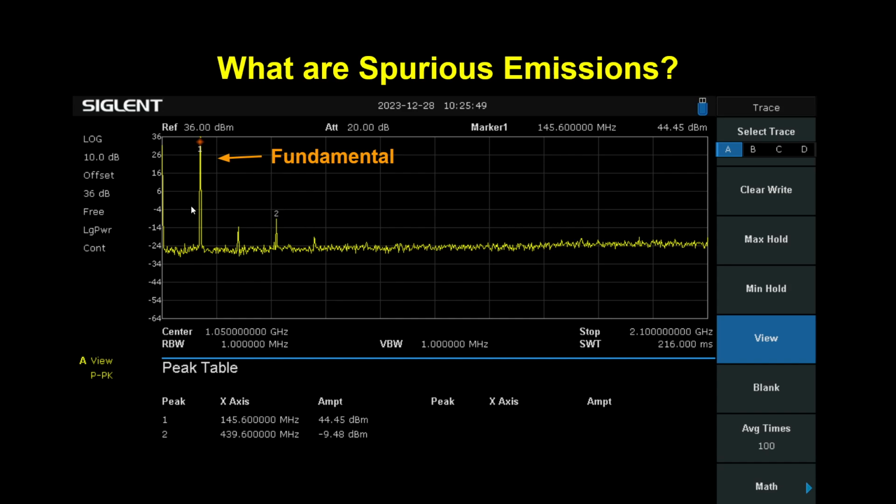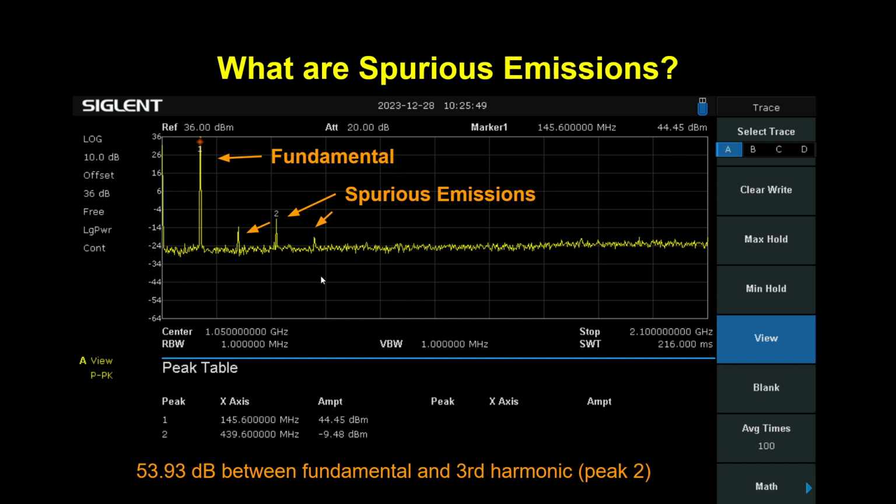So as mentioned, right here, this is the fundamental, and these peaks are our spurious emissions. In this example, we can see that there is 93.93 decibels between the fundamental, so this signal here, and our third harmonic. And this can be gained from reading the amplitudes of these two signals.